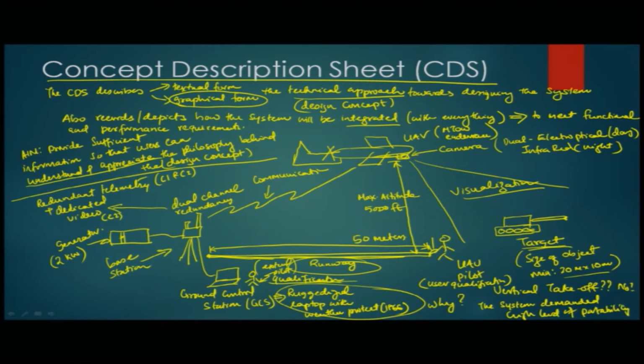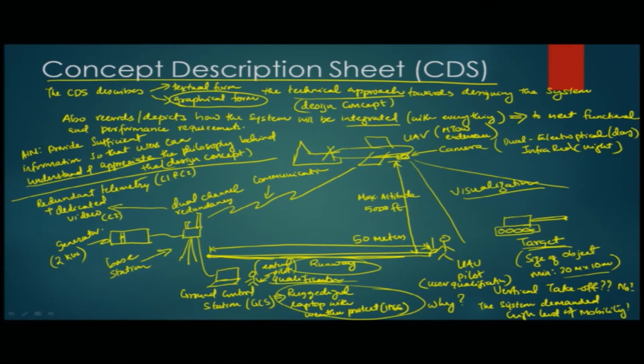You need to be moved from one place to another, or mobility instead of portability. Let's call it as mobility as the right phrase. So we will say mobility. So you need to be moved from place A to place B as quickly as possible. So then you have to build systems around in such a way that it can be quickly packed and moved from one location to another.